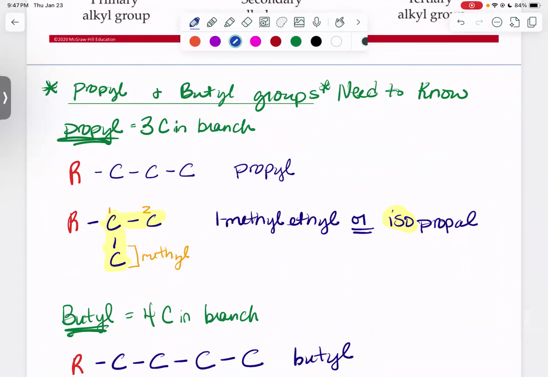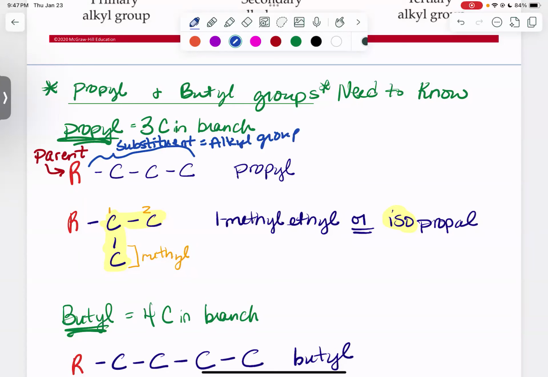And remember, what does our R mean? Our R means the parent, right? That's what the R means. And so that means that this stuff is all the substituent, which is the alkyl group, the alkyl group, right? Same thing.